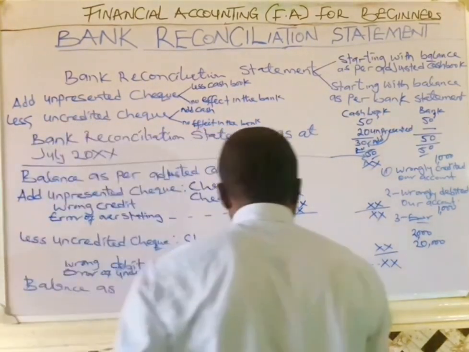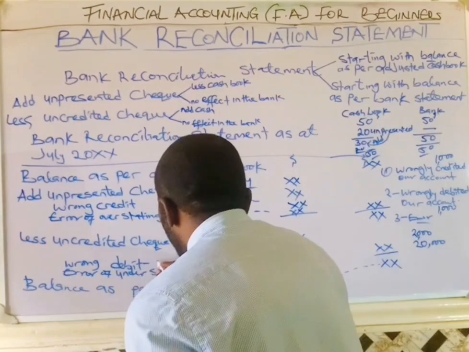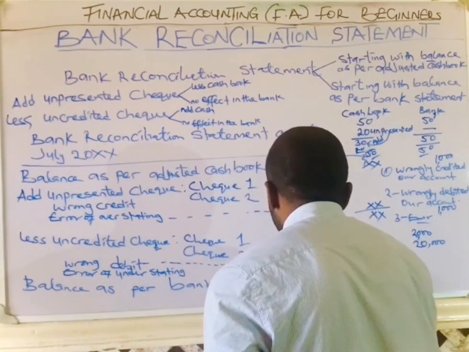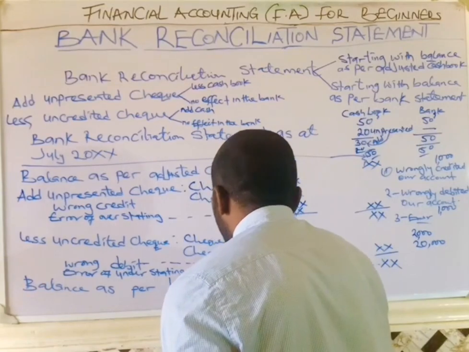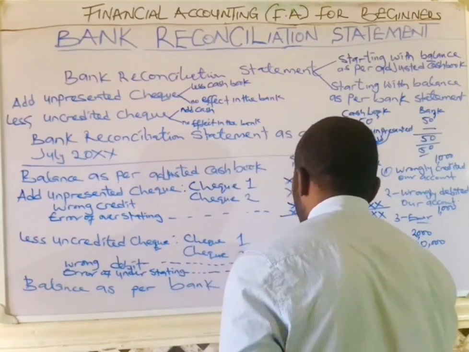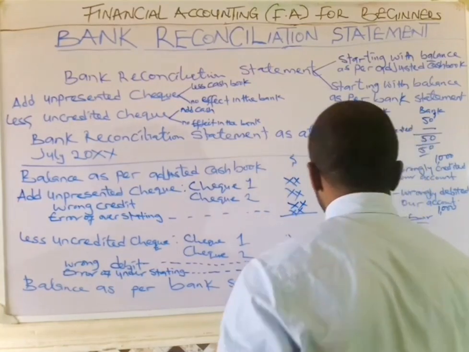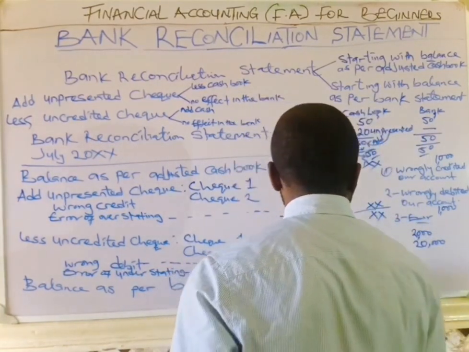So your error of wrong debit will be here, overstated. So if you add it up, you get this.